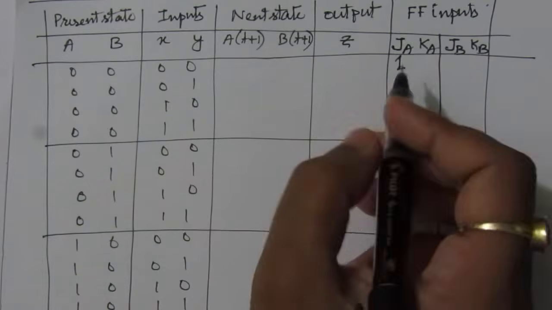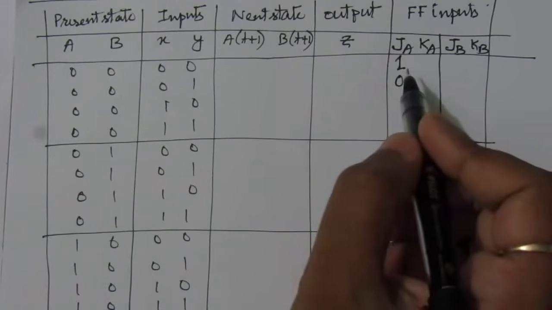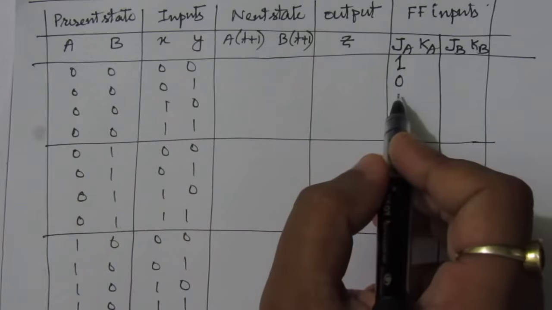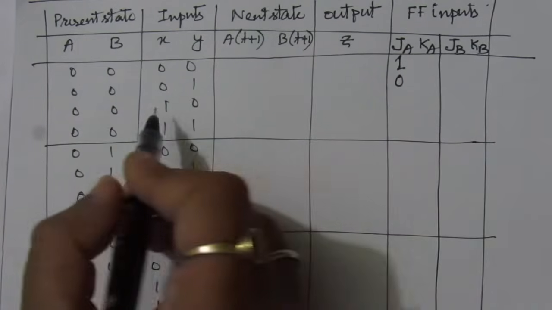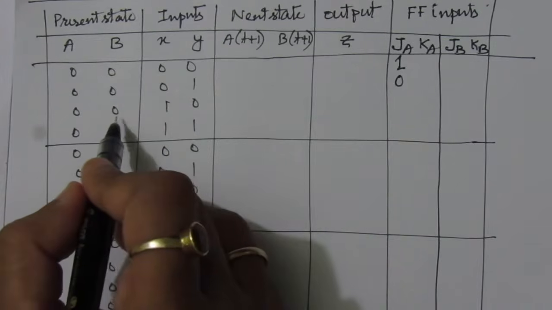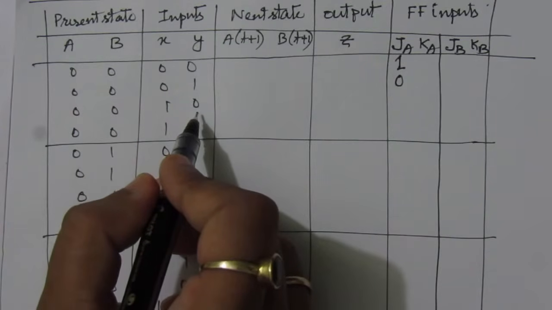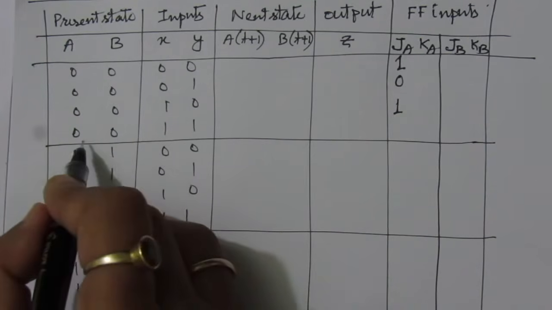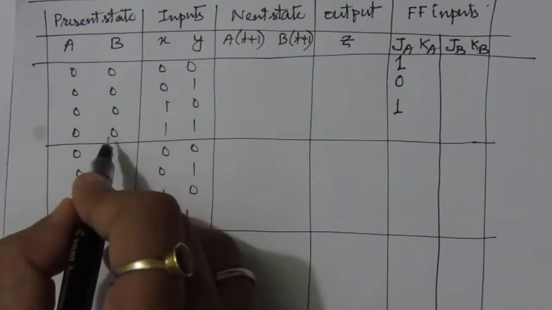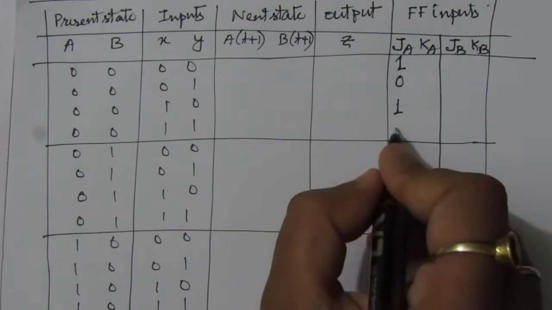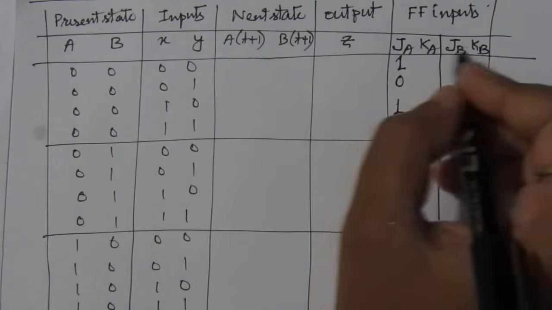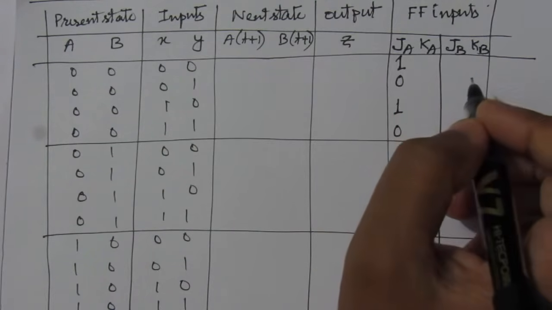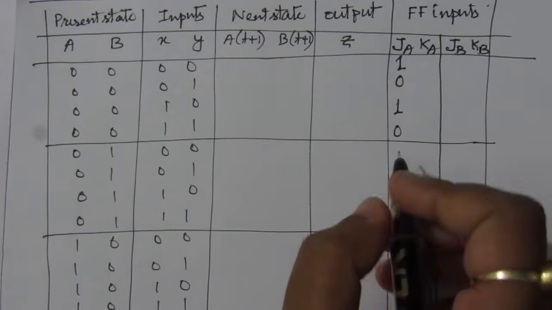In this way, using the given equations, you have to find the JA, KA, JB, KB values. The third JA value: Bx is 0 and B bar Y bar is 1, so we'll have 1. In the fourth row, Bx is 0 and B bar Y bar is also 0. In this way we have to find all these values using the given equations. Let me quickly fill up this table.